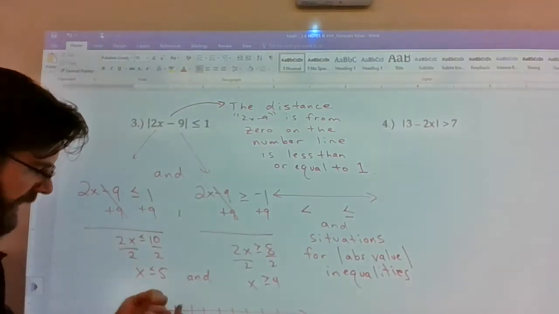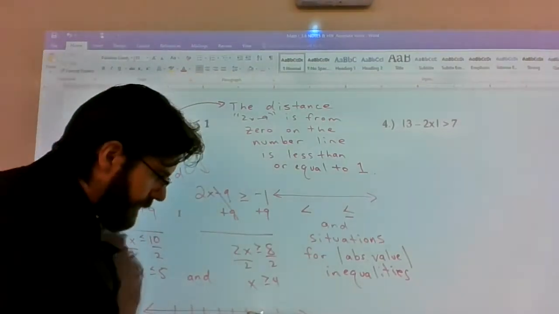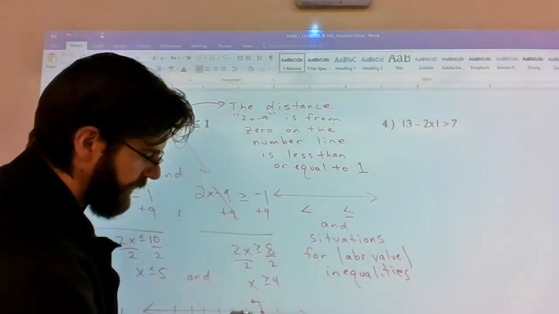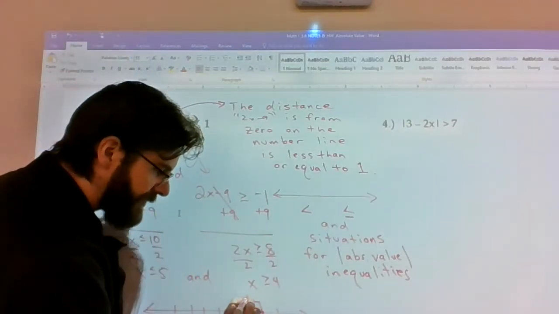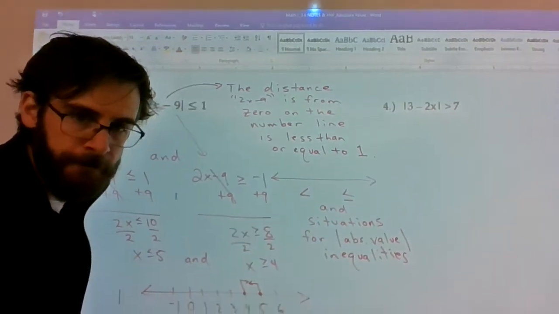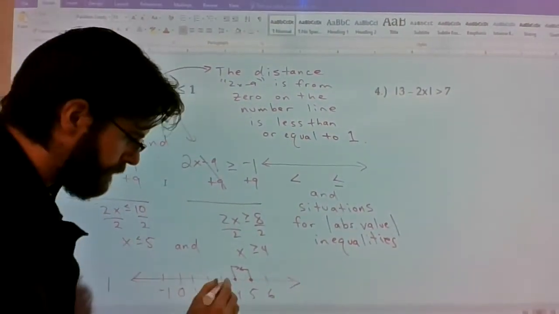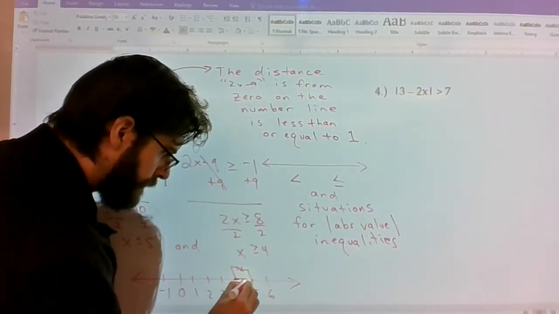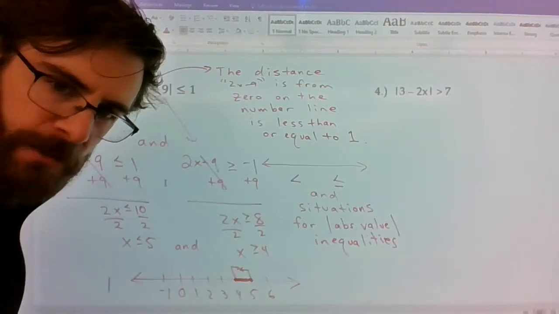My 5 is going left on the number line. My 4 is going right on the number line. And means graph what they share. They only share the stuff between.